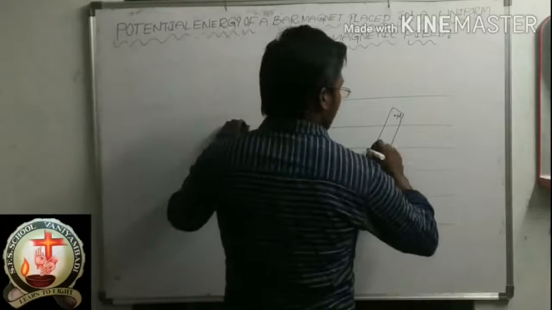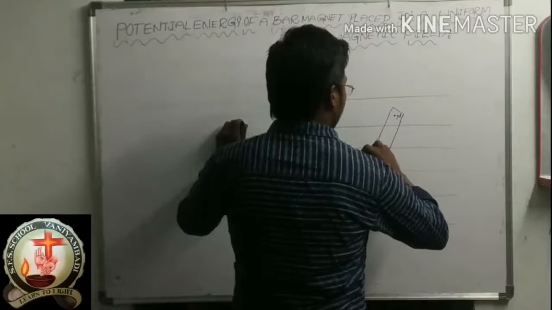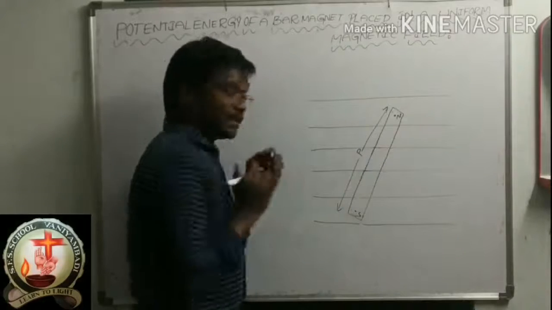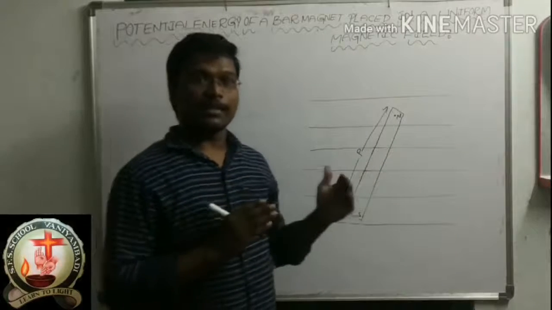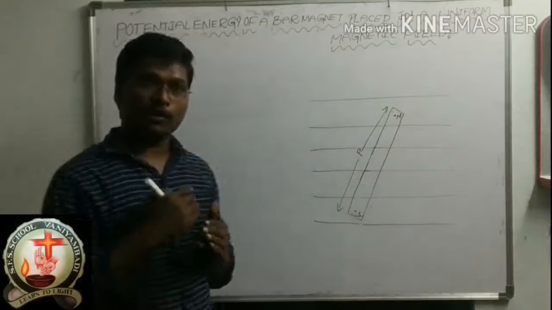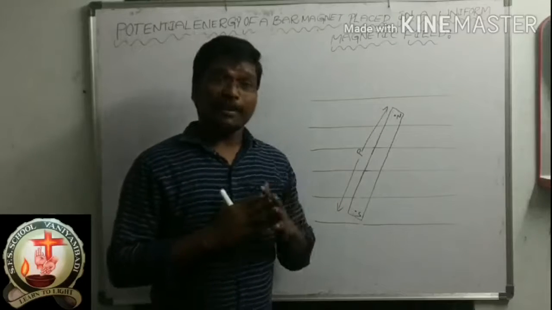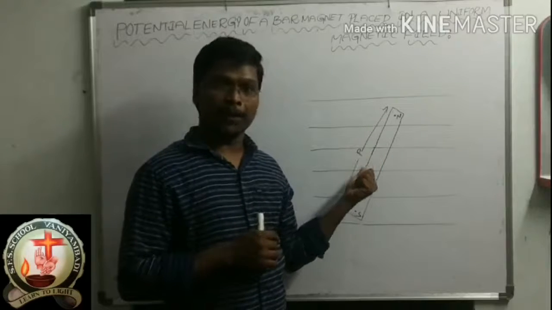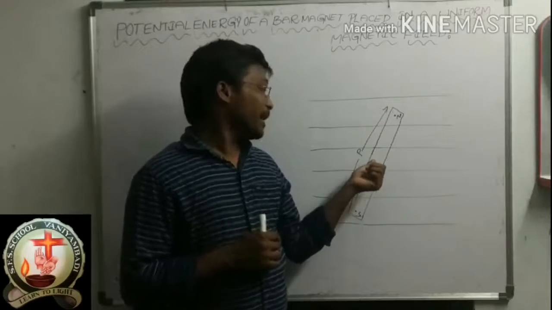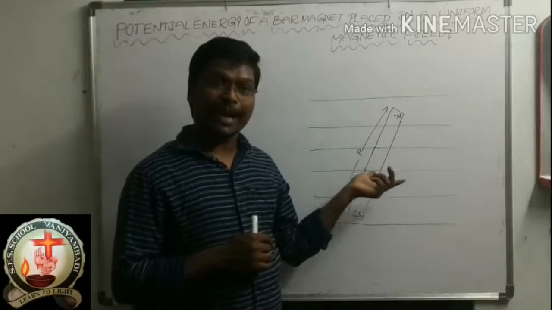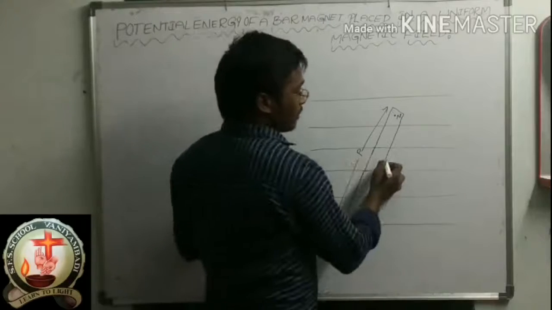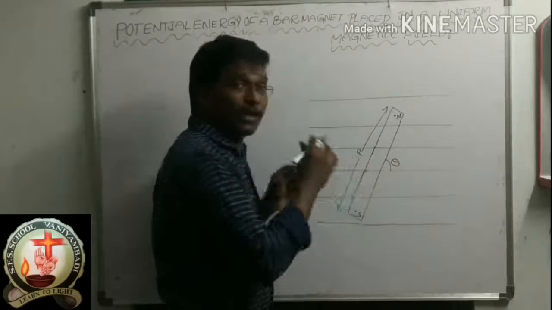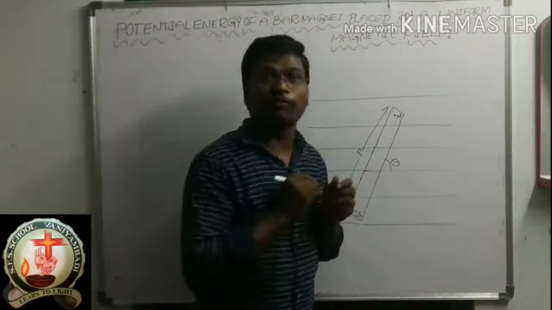So remember, let us consider a magnet with two poles, south pole and north pole, and magnetic dipole moment P. This magnet makes an angle theta with the uniform magnetic field when we keep it in the uniform magnetic field.